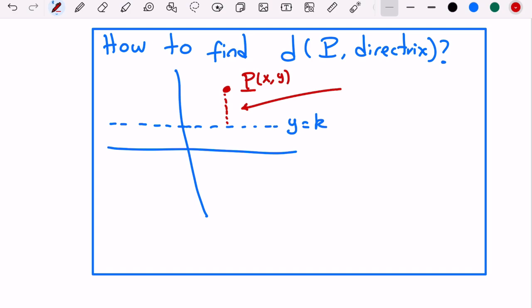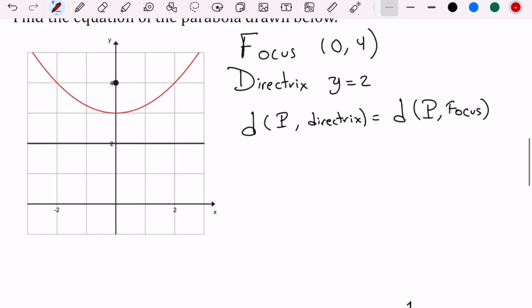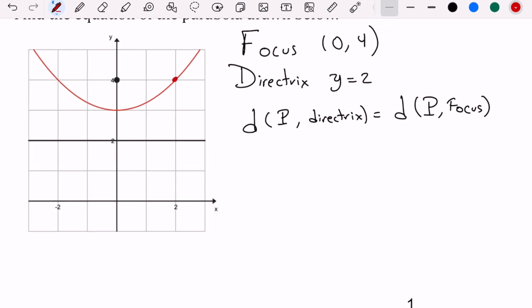Independently of whether I am over or under the line, the distance from the point to the horizontal directrix is just y minus k. So in this case, the distance from any point P in the plane to this directrix is just y minus 2.